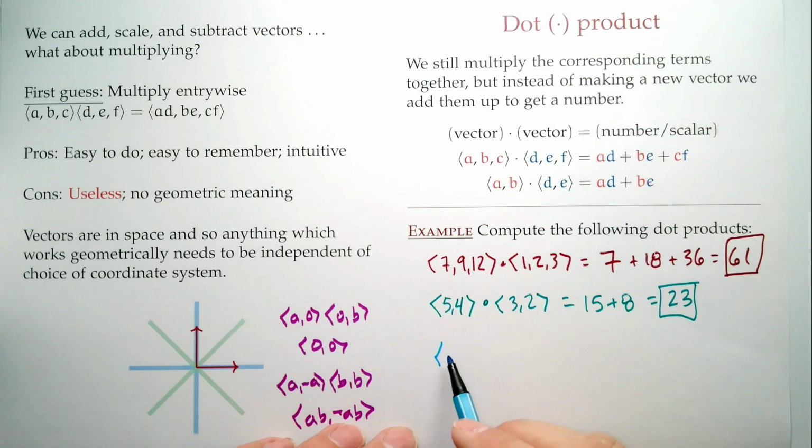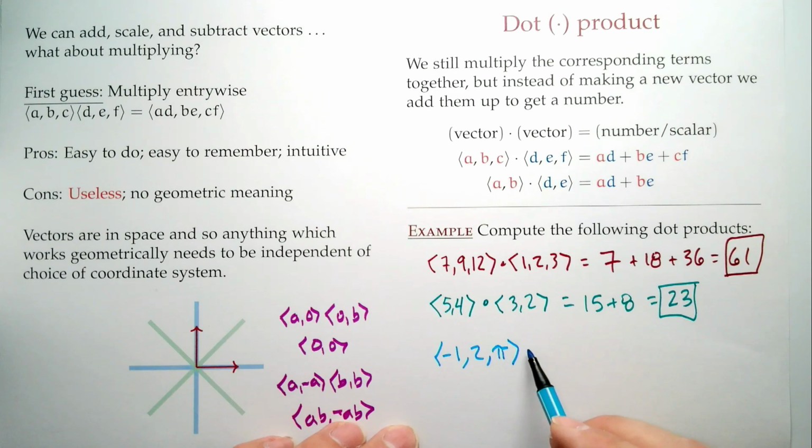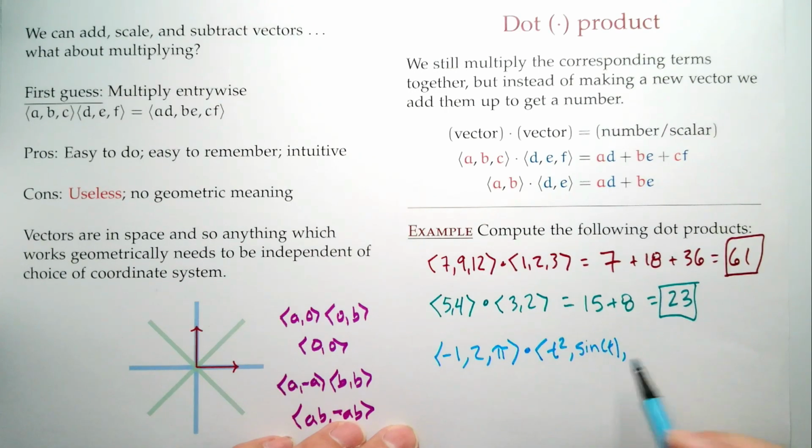So you can have negatives for a vector. That's perfectly okay. So we'll put a negative in here. We'll put a 2. You can have exotic numbers like pi. And suppose my second vector was something like t squared, sine of t, and e to the t? All right. Am I allowed to do that? I guess. That's a great answer.